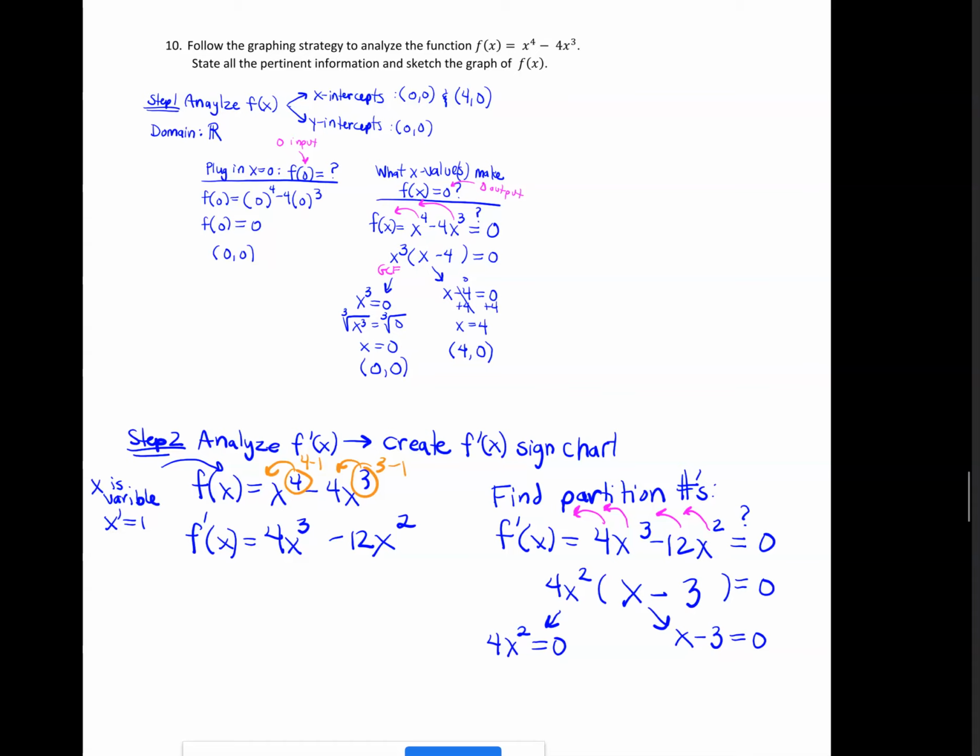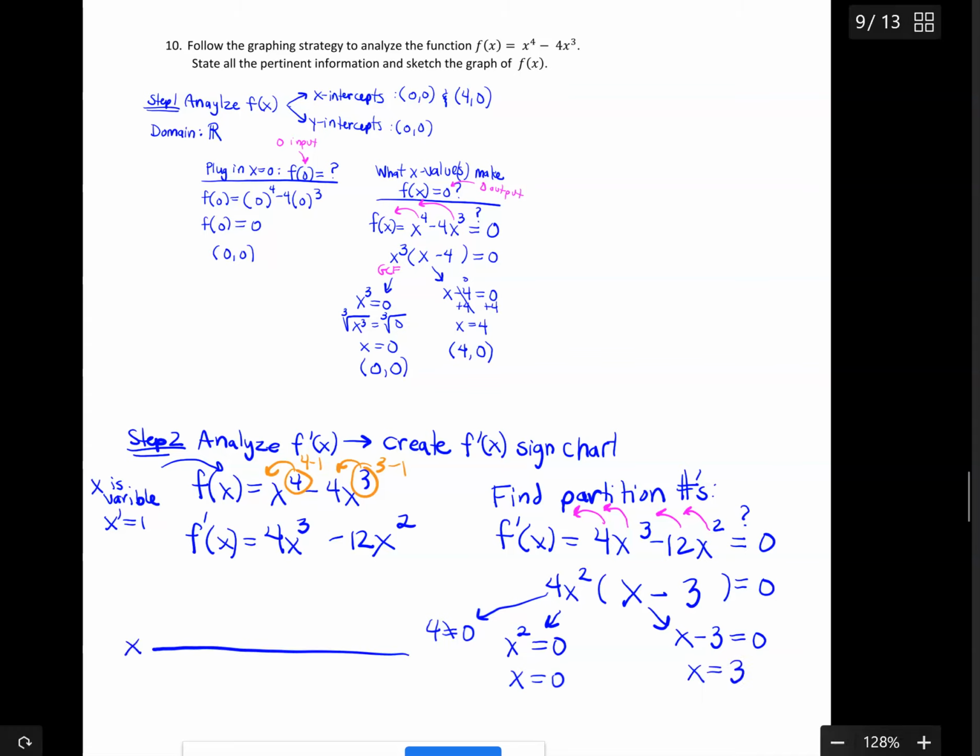We're plugging these into the first derivative, into this rule right here. Okay, so let's go ahead and do that. So that would be -4 minus 12. So -16.